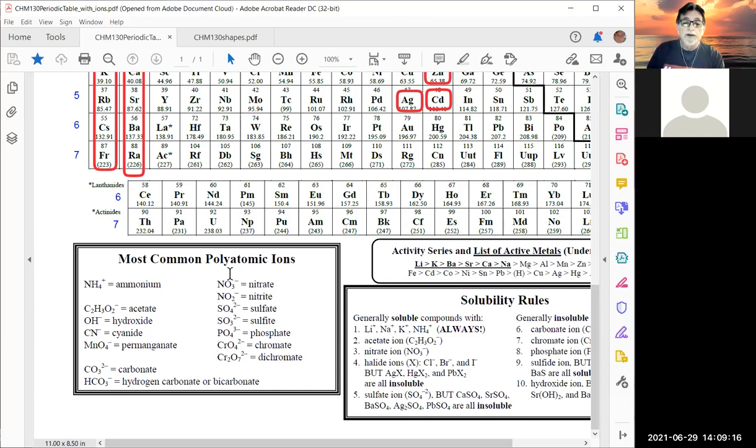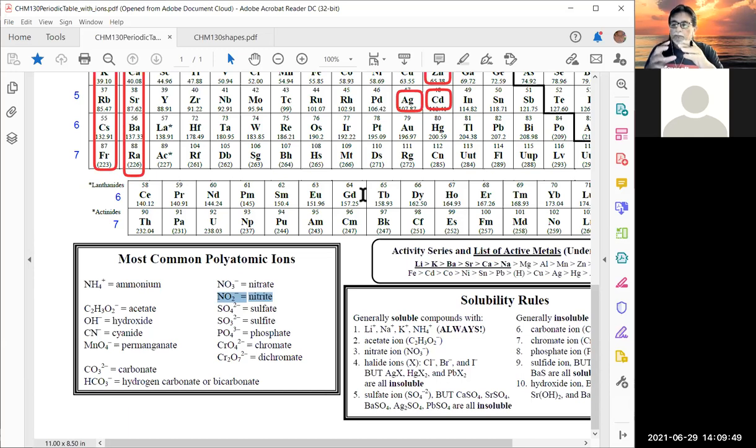So for example, NO3, which is this one right here, has its own specific name, nitrate, and its formula is NO3 with a negative charge. Now there's another one called NO2 negative, but it's one less oxygen than the nitrate. It's called nitrite.